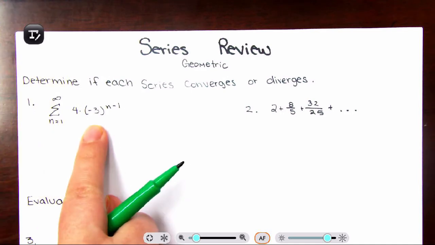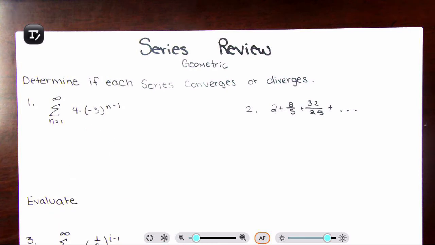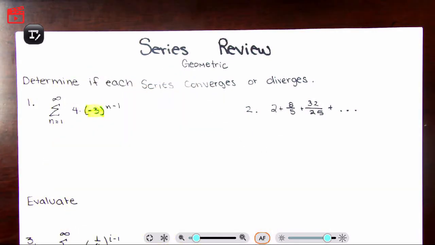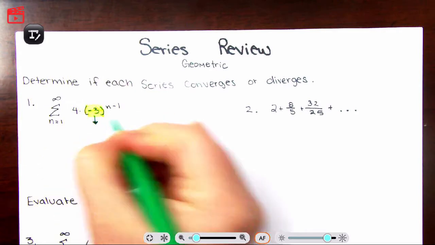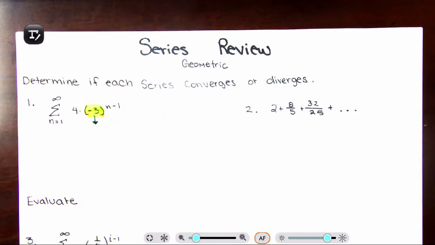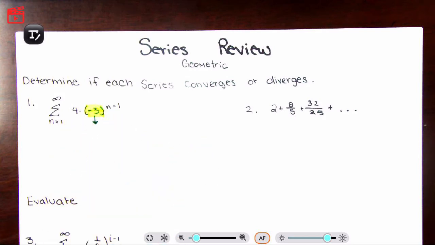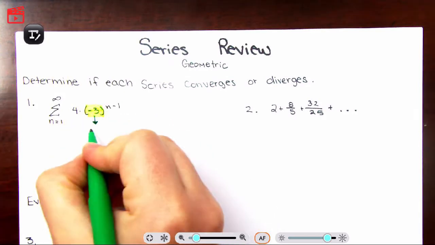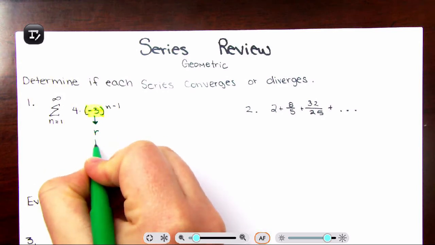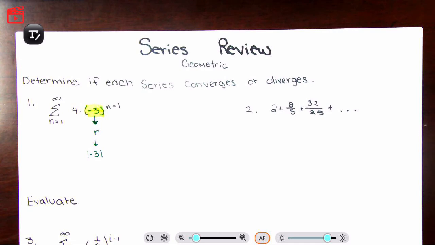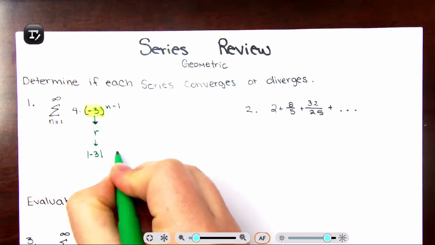Okay, so how do we do that? Well, if it's in the summation form, there's literally not much you have to do. Look at the term that is the base to the exponents. So in this case here, this is going to be your R, and again, we're following the explicit rule for the geometric sequence here, and this is where your n or position number starts at 1. So this is your R value. So we need to check if the absolute value of R is either greater than, less than, or equal to 1.